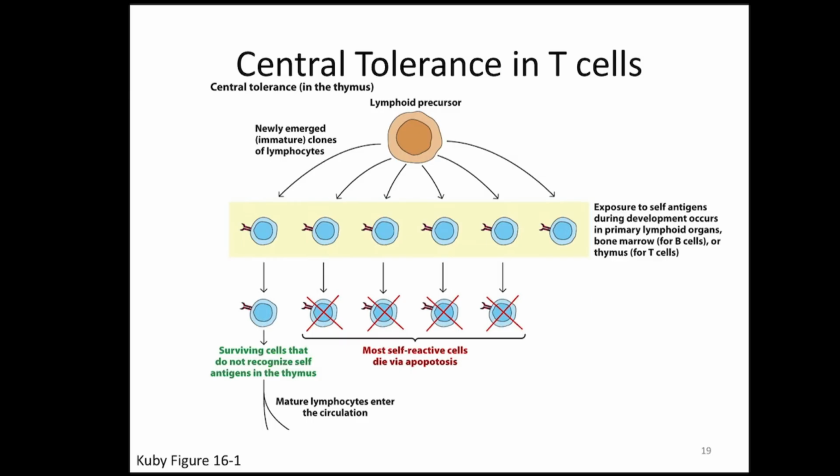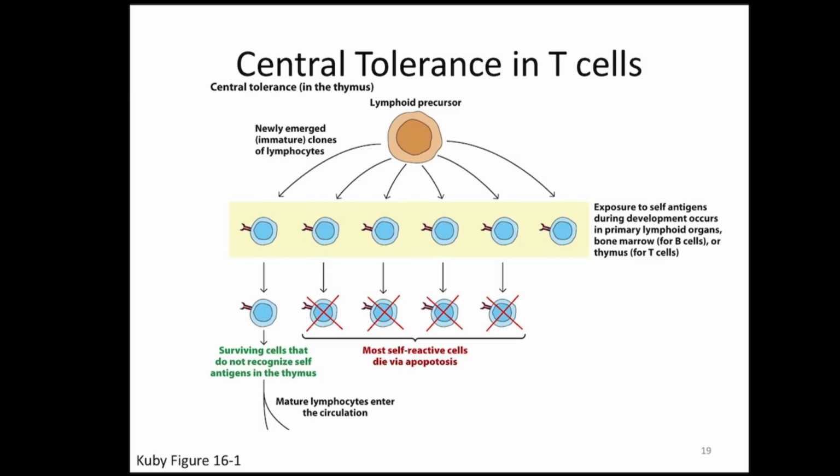We need to test for self-reactivity in the thymus and get rid of the cells that are reacting to self-antigen. But the other thing we have to test for in the thymus is, does my T cell receptor recognize self-MHC?